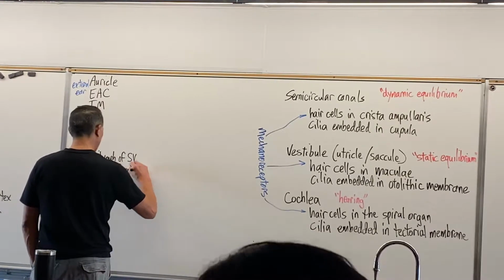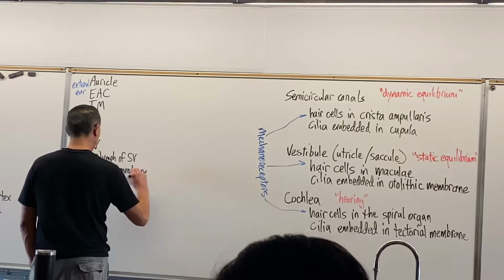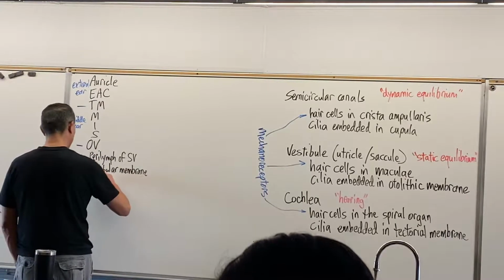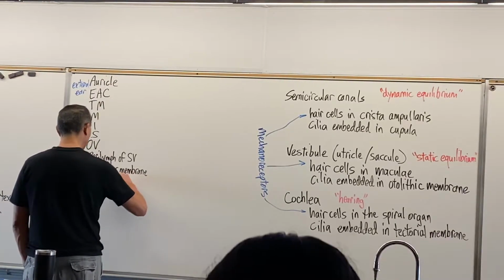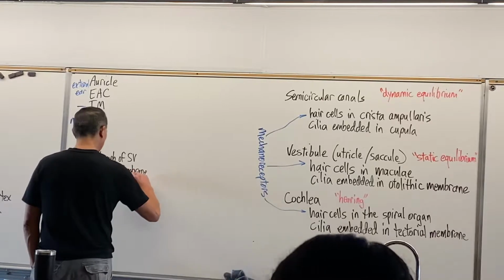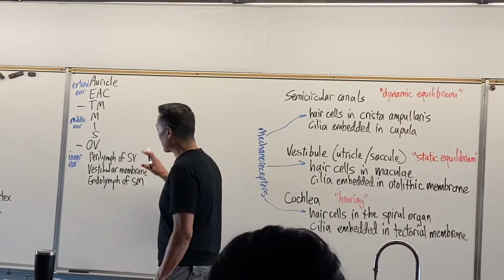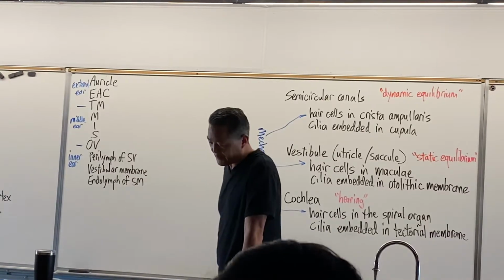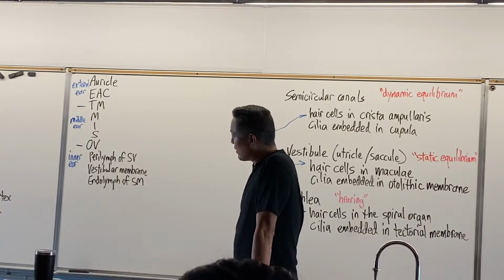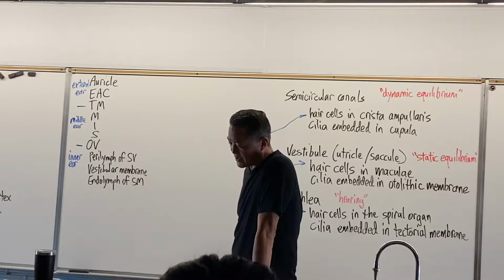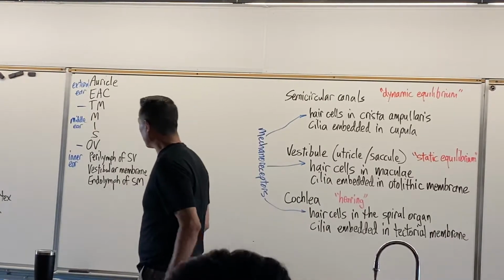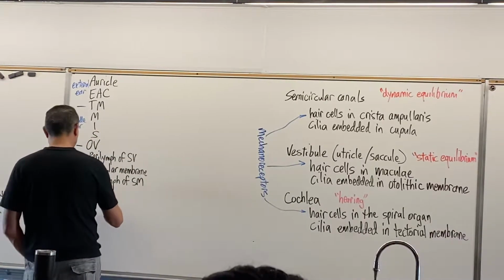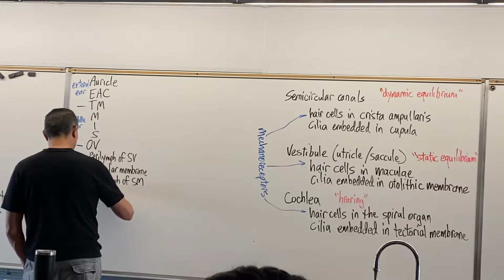What's on the other side of the vestibular membrane? Endolymph, the scala media. Sound waves are going through scala vestibuli and scala media at the same time. Now, it's at the point of resonance. Okay, because eventually it's going to hit the spiral organ.